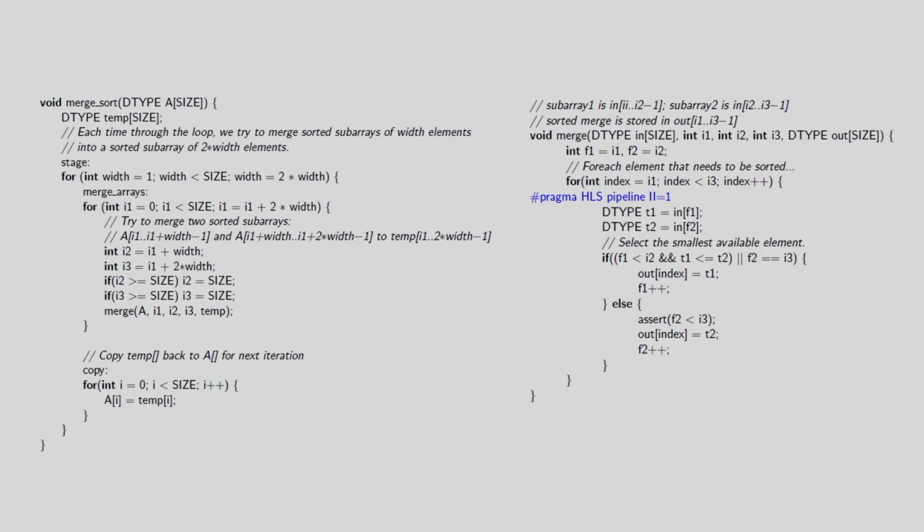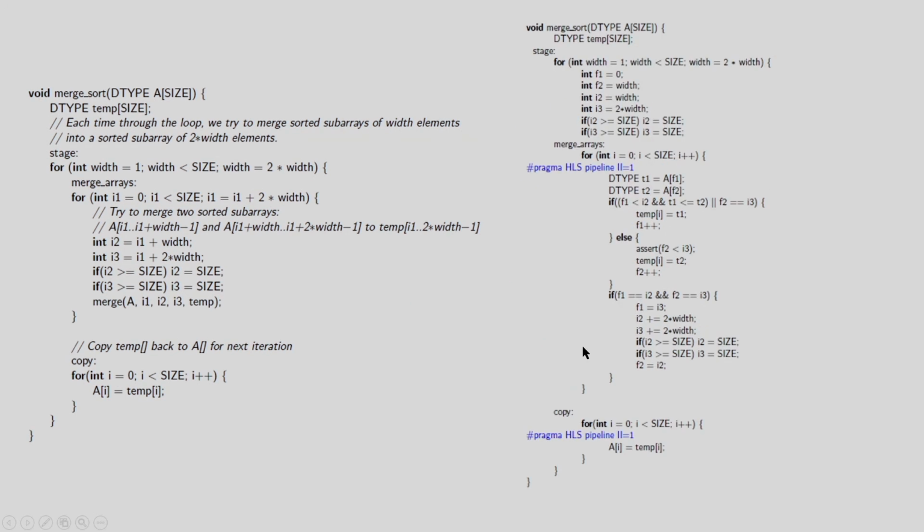This is my merge sort, this is my merge function, and remember this is where the merge call happens. I just bring this loop into here, and this results in this code. I am just replacing the body of merging two sorted arrays here, and it transforms into this code.